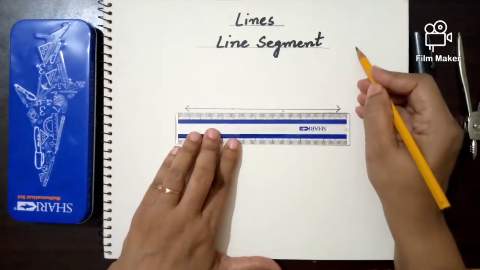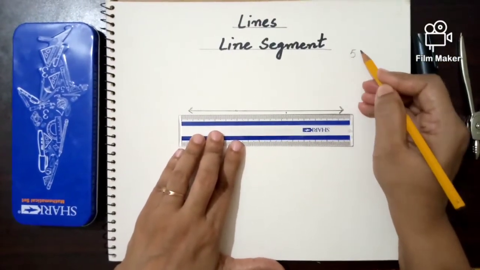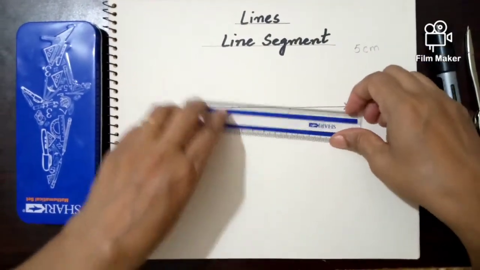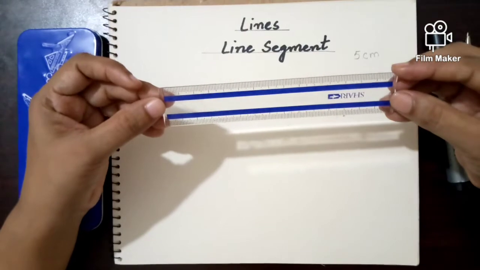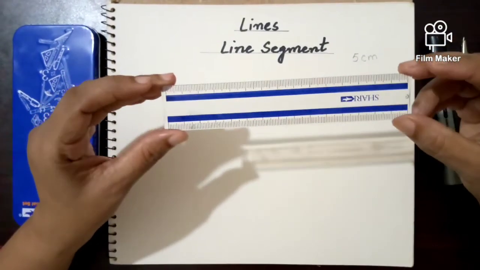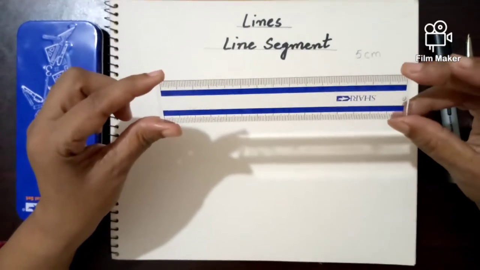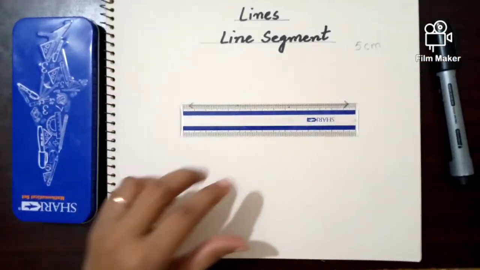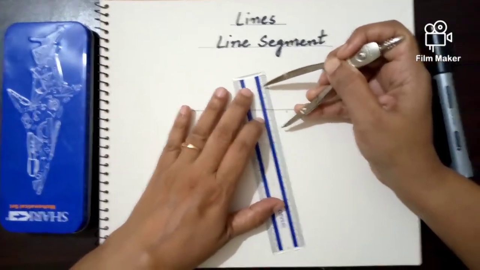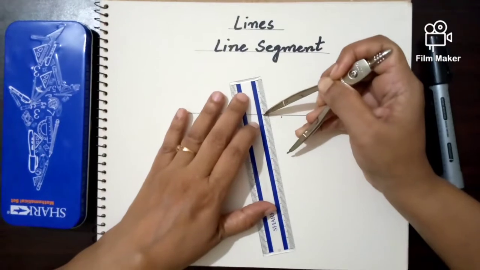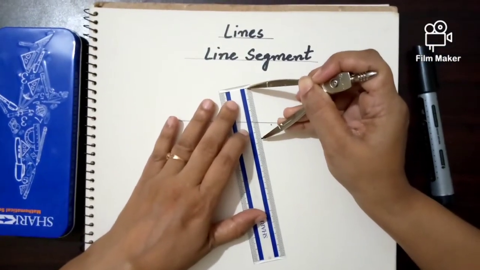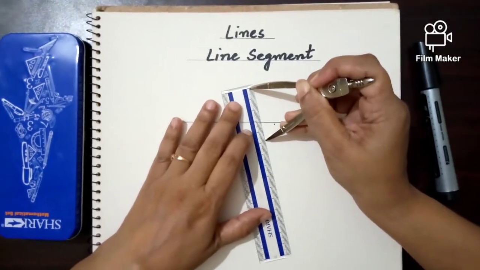We are going to draw a line segment of 5 centimeter. It's a centimeter ruler, so we will measure 5 centimeter with the help of this divider. 0, 1, 2, 3, 4 and 5. So 0 till 5 is 5 centimeter.